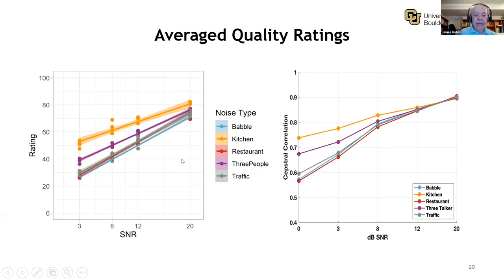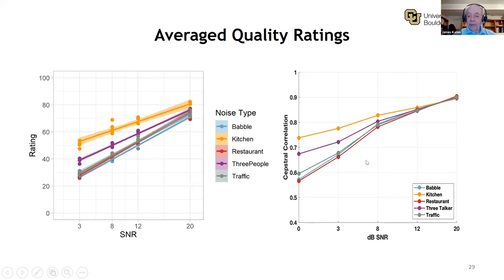But we also have the fact that for the kitchen noise, at the same SNR as for the babble, the kitchen noise gives us much higher ratings than the babble. We believe this is due to the more intermittent nature of the kitchen noise, where you have a low average level, but you have sharp spikes in the intensity.